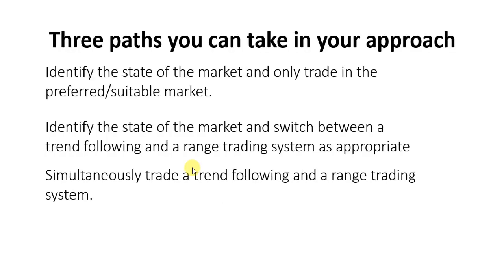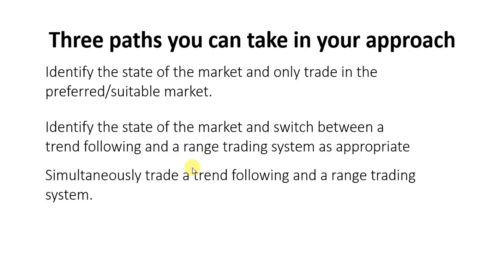Now we are going to look at three different paths you can take in your approach. For these two approaches that we have mentioned earlier, there are basically three paths you can take. First is to identify the state of the market, whether it is trending or range, and only trade in that market.